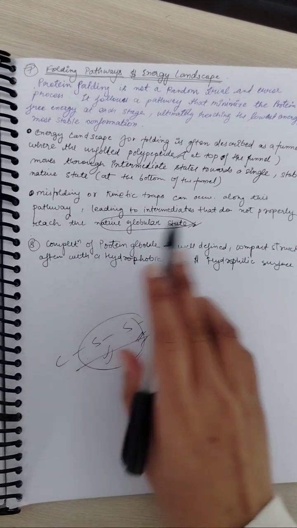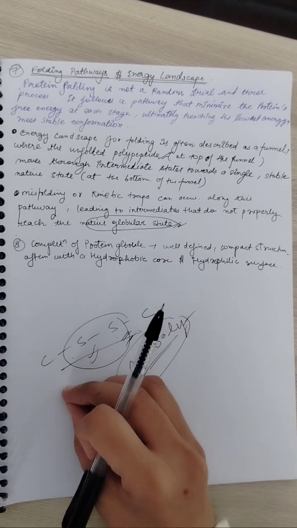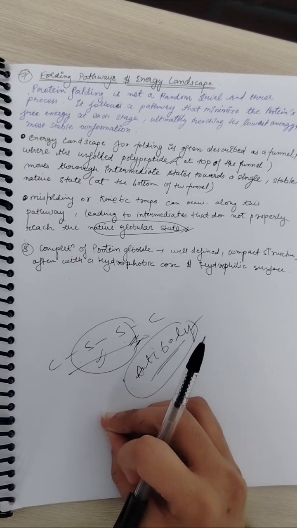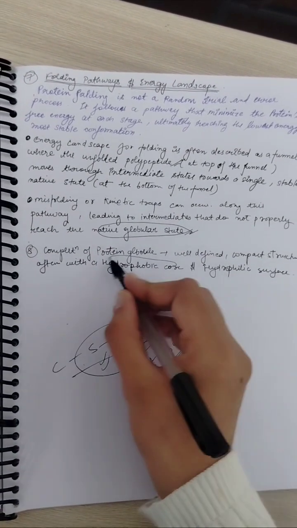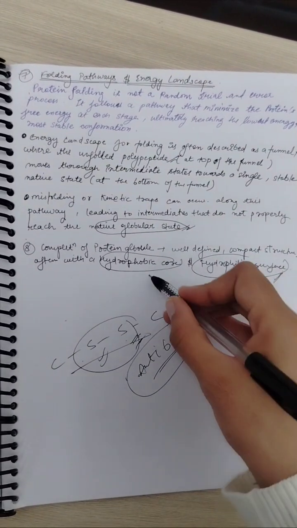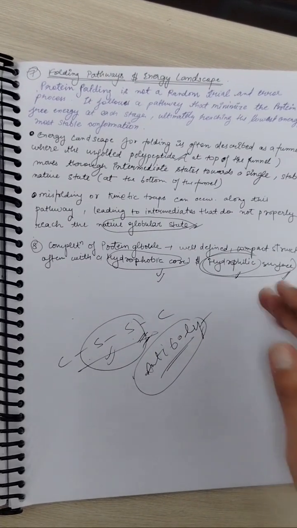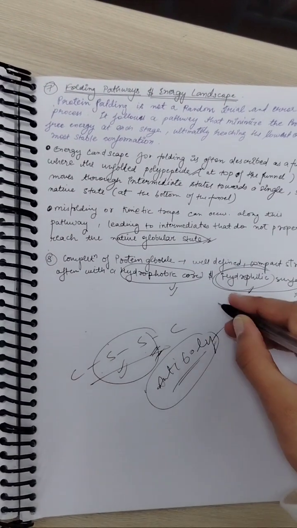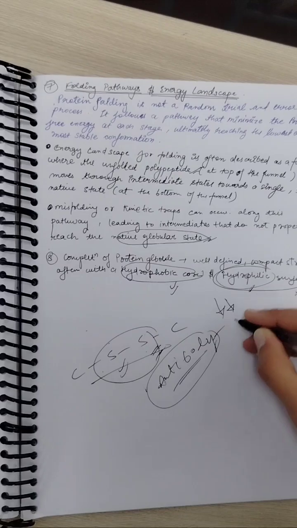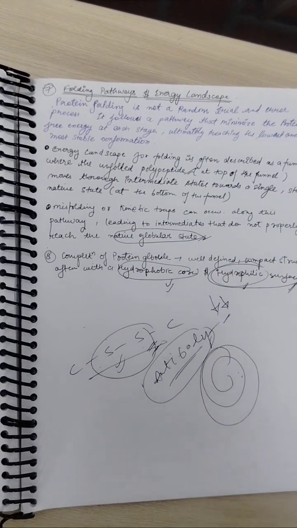So the protein is a complex but flexible structure with hydrophobic and hydrophilic interactions, where the core is hydrophobic and the surface is hydrophilic. Remember that energy should be minimized, and this is how globule formation occurs. Okay, bye.